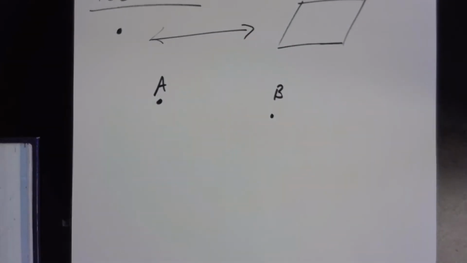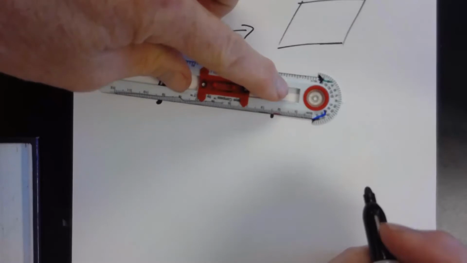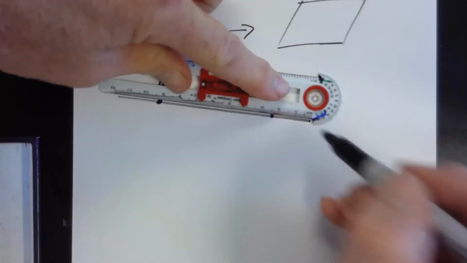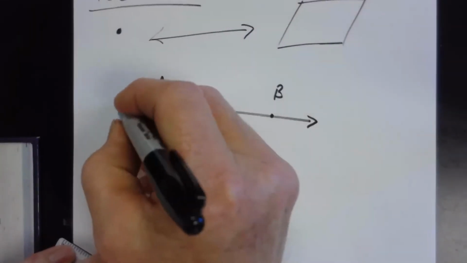Okay, look at those 2 points. How many lines pass through both of them? One. Okay, so through any 2 points there exists exactly one line.